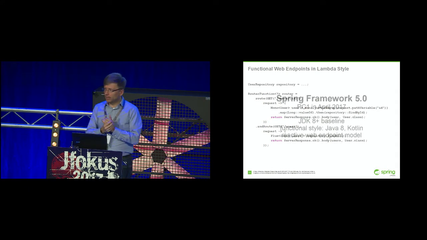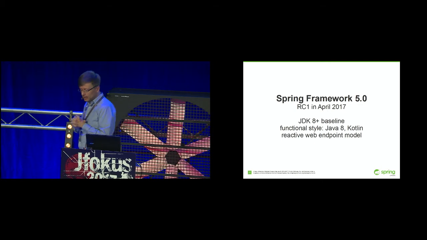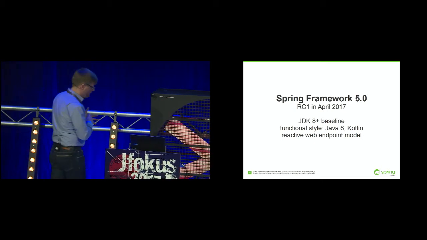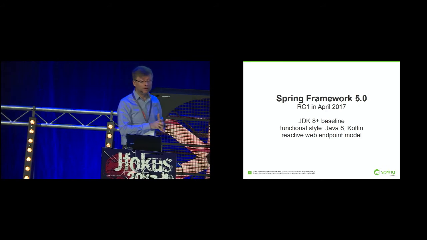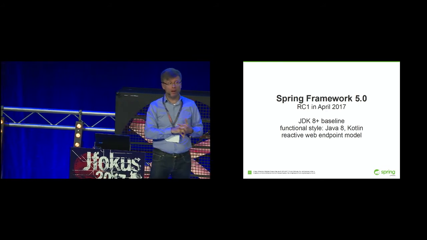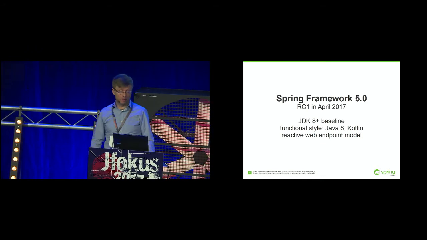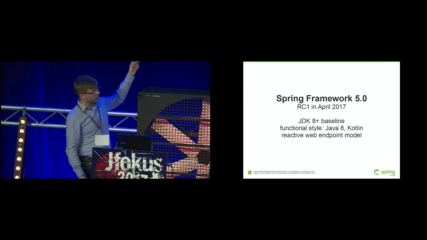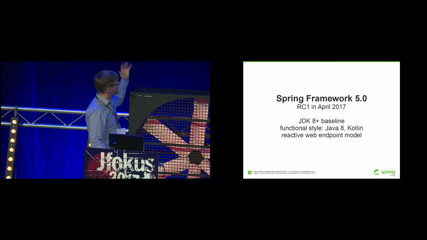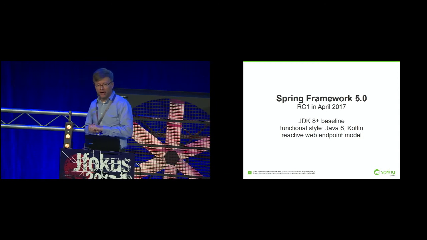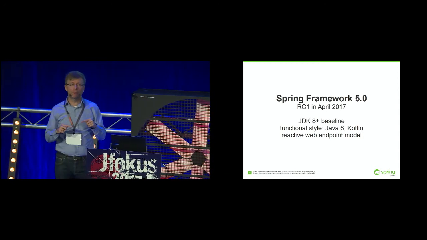All right. So this is essentially the gist of what we're doing in Spring Framework 5.0, with a little bit of 5.1 in there. Let me wrap up with where we are and when we're going to ship it, in all applicable brevity. Spring Framework 5.0 is scheduled for a release candidate 1 in April, very soon now, and ships everything that we can technically ship right now.